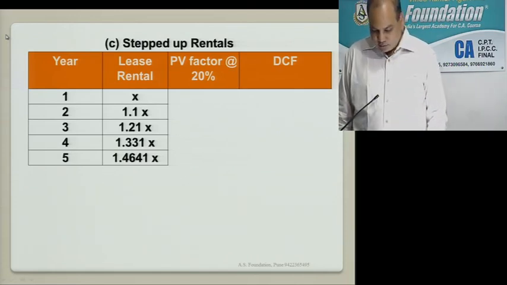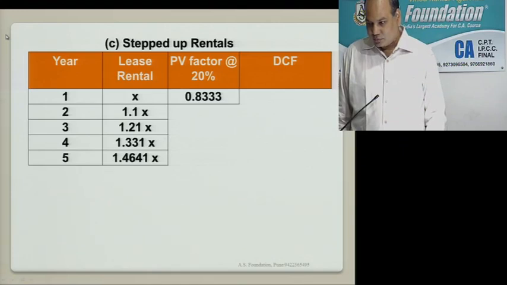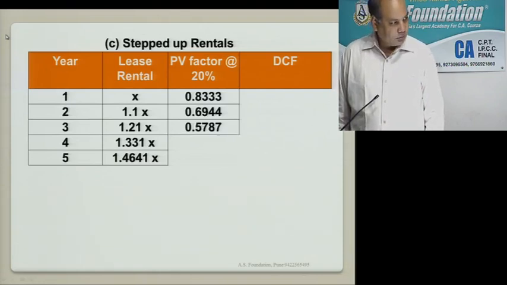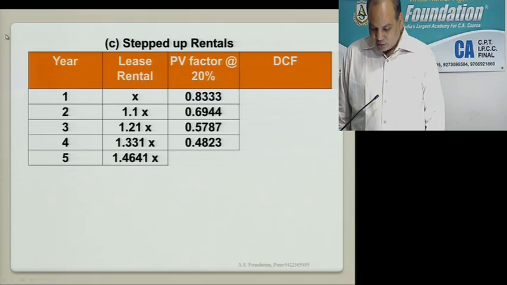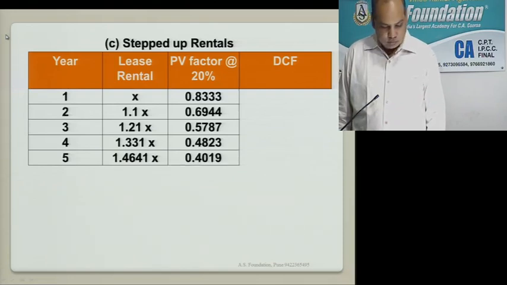Those who have done, write PV factor. 1 divided by 1.20, 0.8333. Again press equal to, 0.6944. Again press equal to, 0.5787, 0.4823, press equal to, 0.4019.